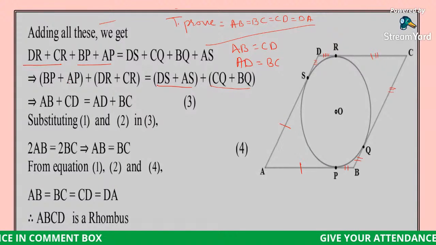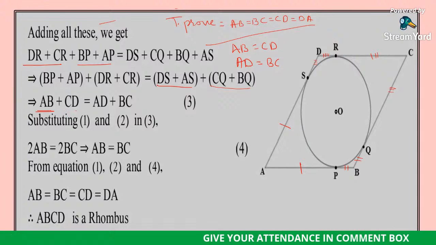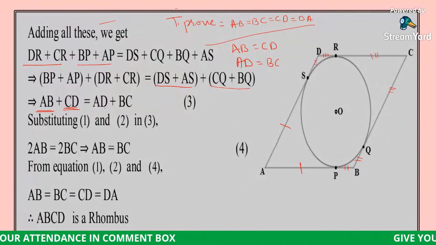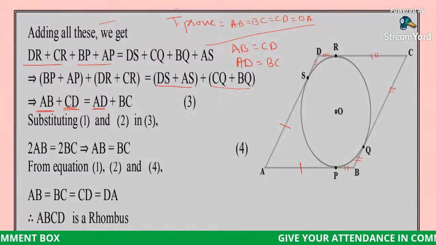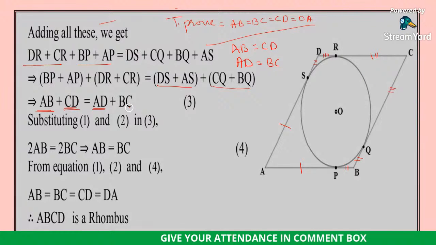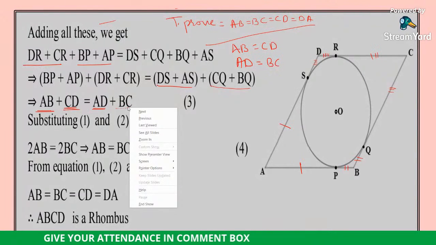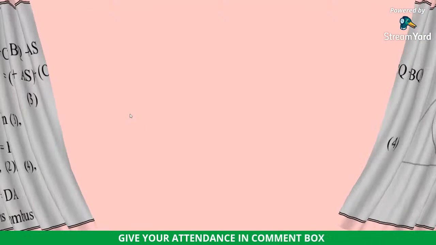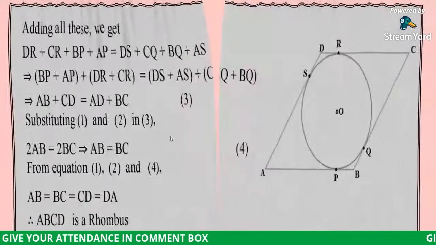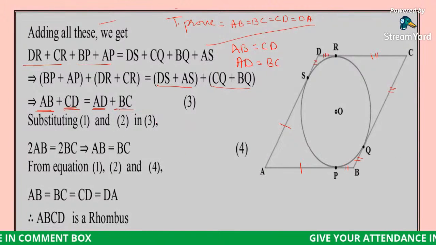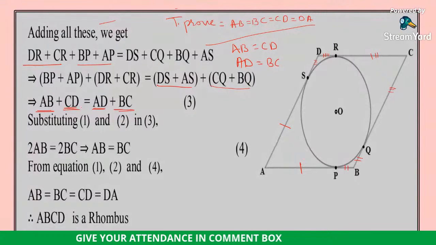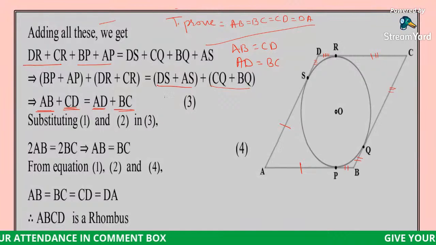By figure, BP plus AP is nothing but AB, DR plus CR is nothing but CD, DS plus AS will be nothing but by figure, it will be representing AD, and CQ plus BQ is nothing but here BC.